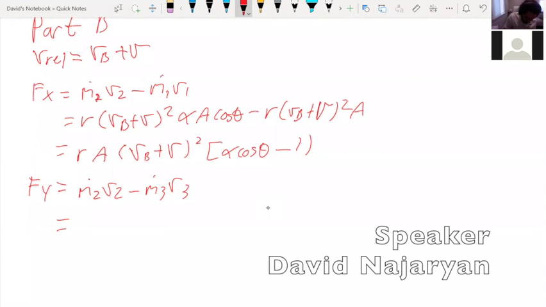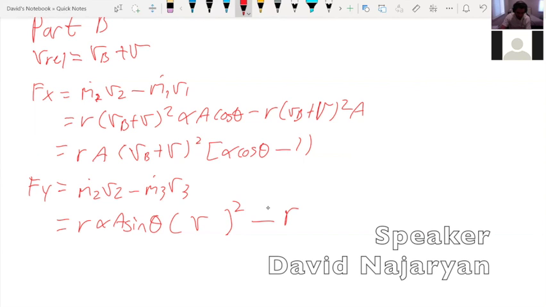So this equals, and this one will be a sine, alpha A sine theta times, again, it's V squared, because it doesn't matter that we're accelerating or moving in one direction. The change in velocity is not affected by the change in height.